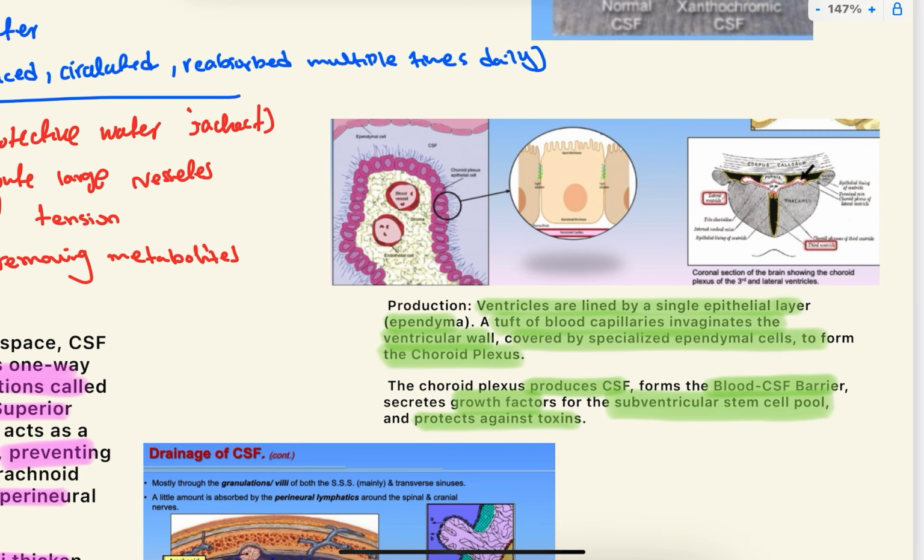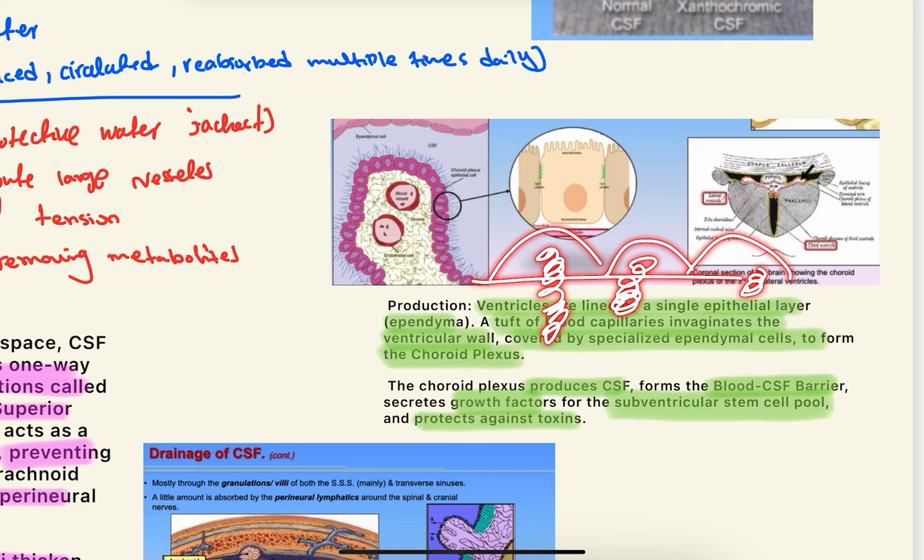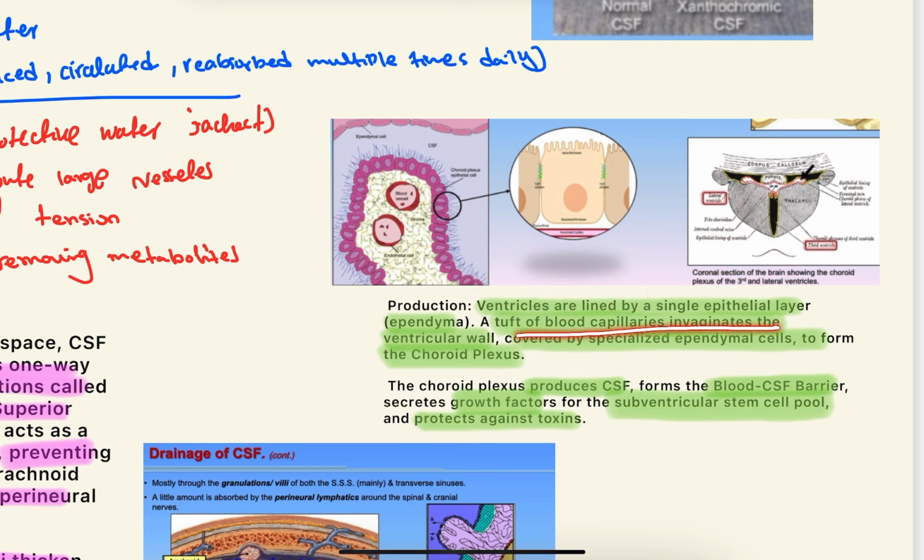Now, how is it produced? Again, remember I talked to you about the ependymal cells, which are lining the ventricles, single epithelial ependymal cells. Now, a tuft of capillaries, as I told you, will invaginate and go inside the ventricular wall, covered by the ependymal cells, and then it will form for me the choroid plexus. The choroid plexus, what will they do?